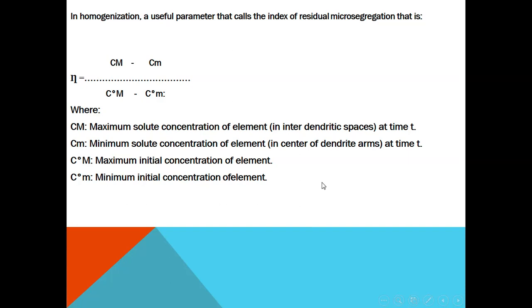This parameter is called the index of microsegregation or index of residual microsegregation.